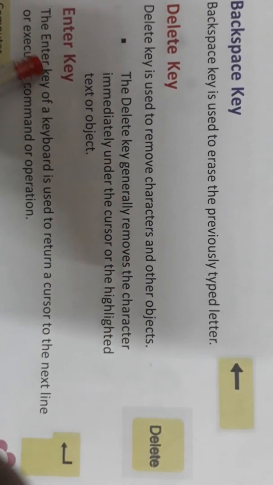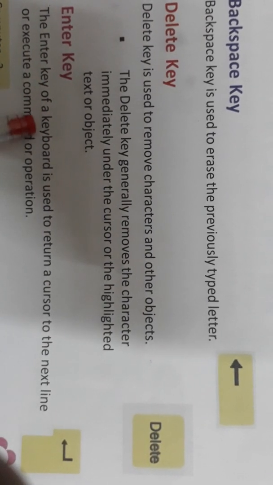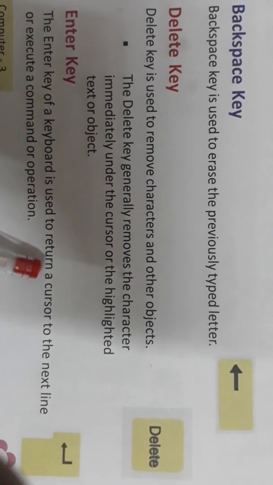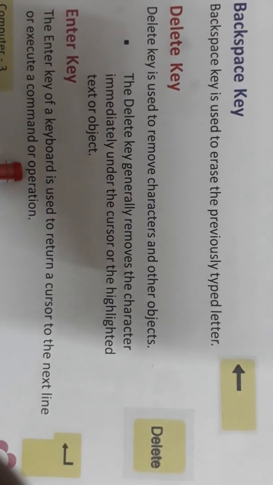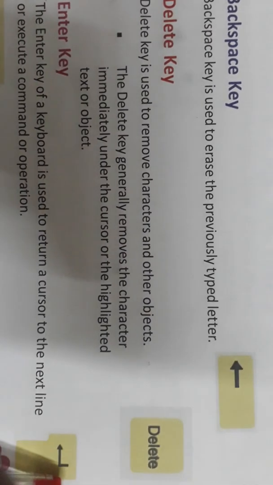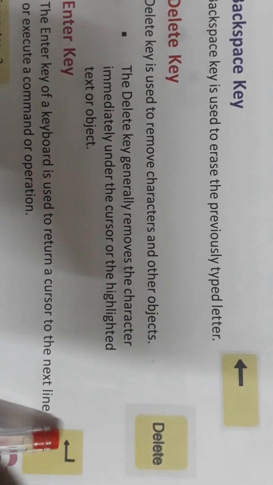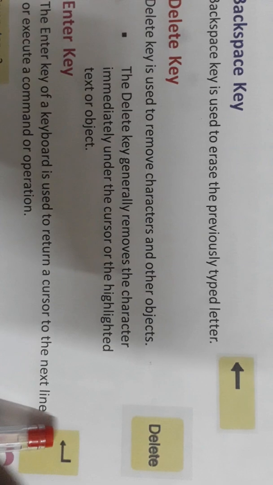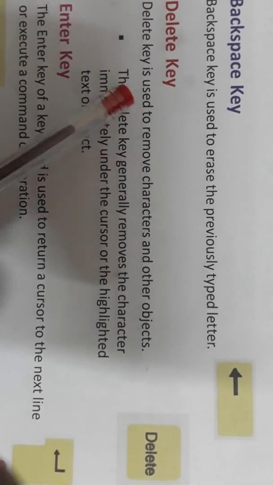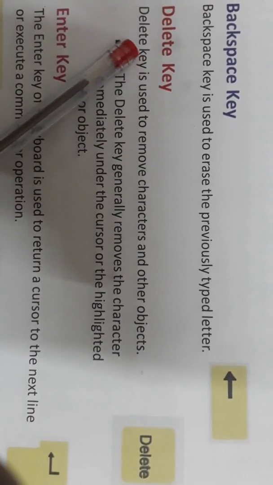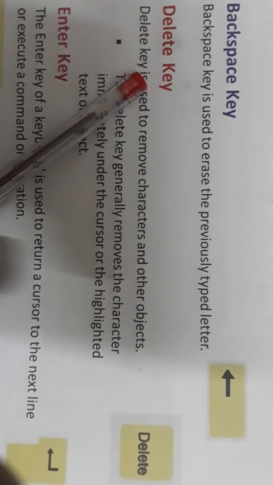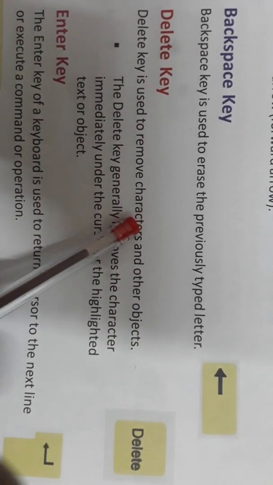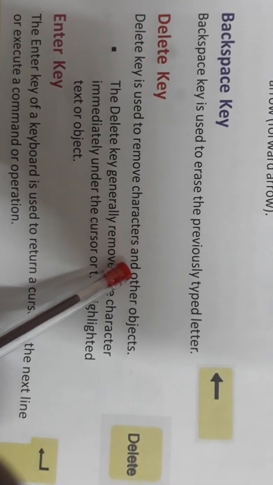Enter key. The enter key of a keyboard is used to return a cursor to the next line or execute a command or operation. This is the enter key to reach the next line. If we are typing a sentence in the first line, after finishing the first line, we want to type in the second line.